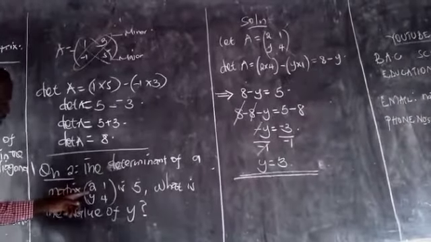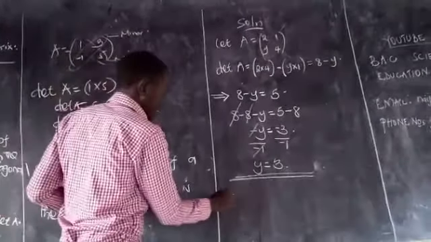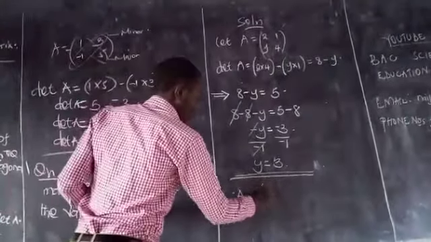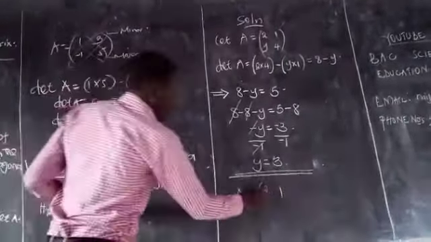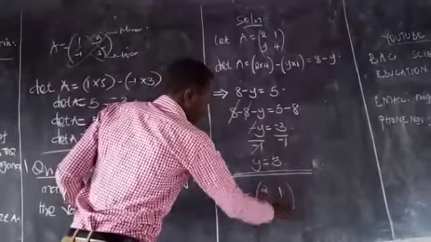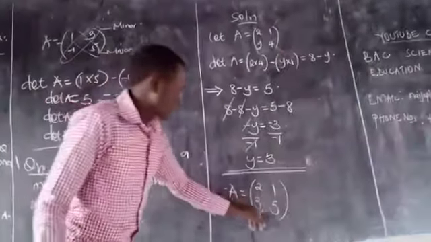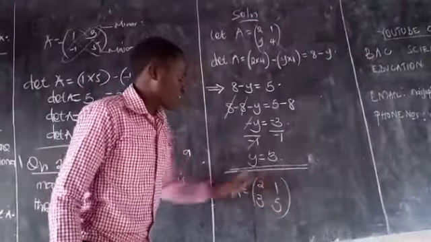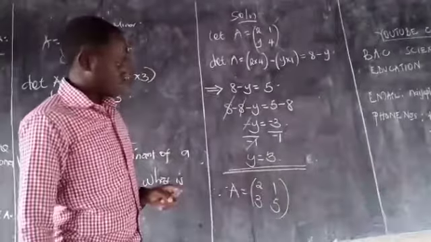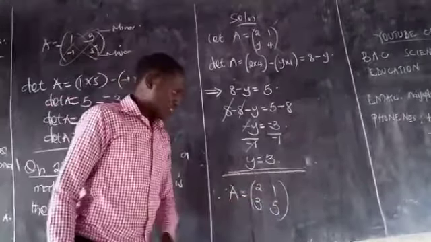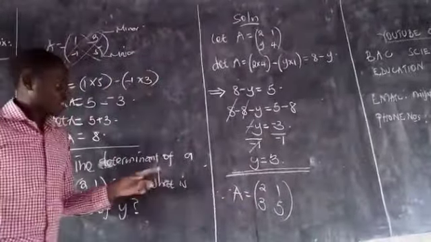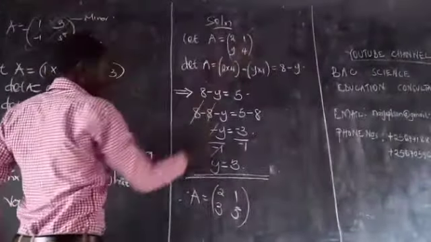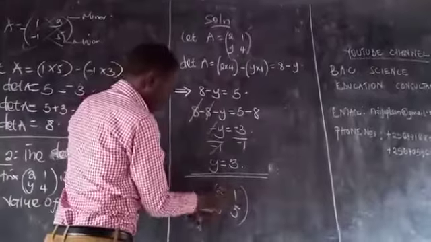See, our value implies that our matrix A is equal to 2, 1, and then Y is 3, and then 4. The matrix A was equal to 2, 1, Y, 4, and Y is 3.